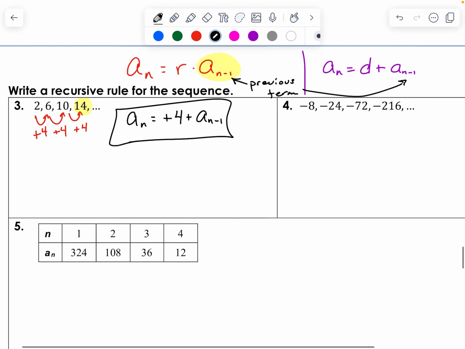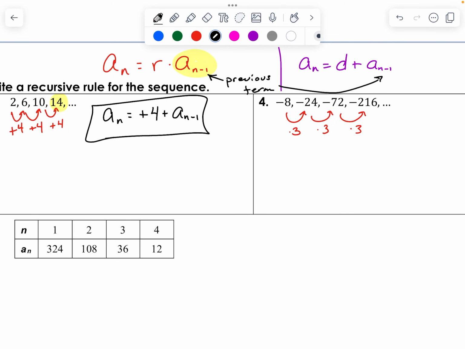On number 4, same idea. We've got to find a pattern. Looks like I'm multiplying by 3, times 3, times 3. So to find any term in general, I need to take 3 and multiply it by the previous term.